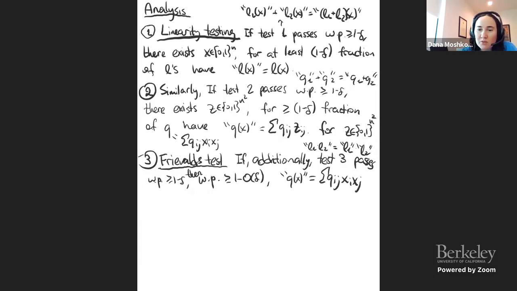So a conclusion similar to what we had for one. For one, we had it for linear functions. Now we can get it for the quadratic functions. That Qx actually behaves like Qij xi xj for the x that we fixed in the one part of this analysis. This actually happens for most Qx's.